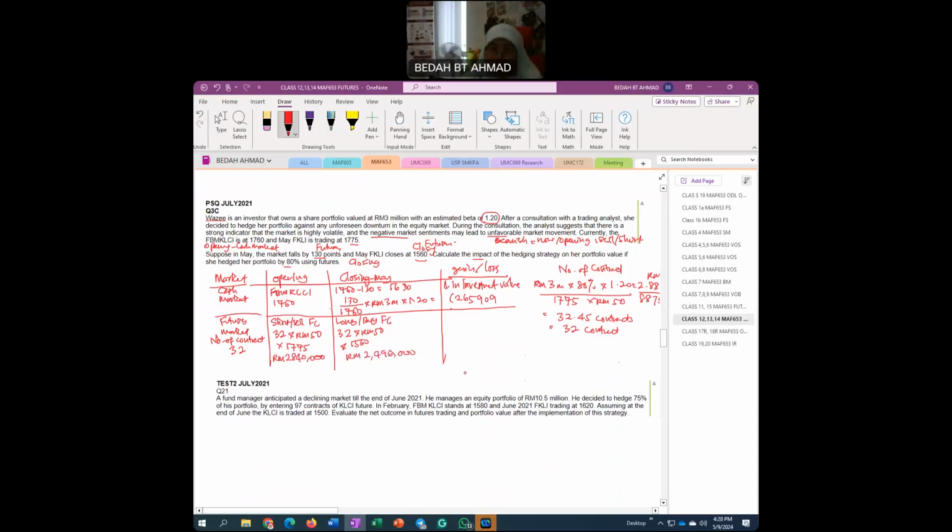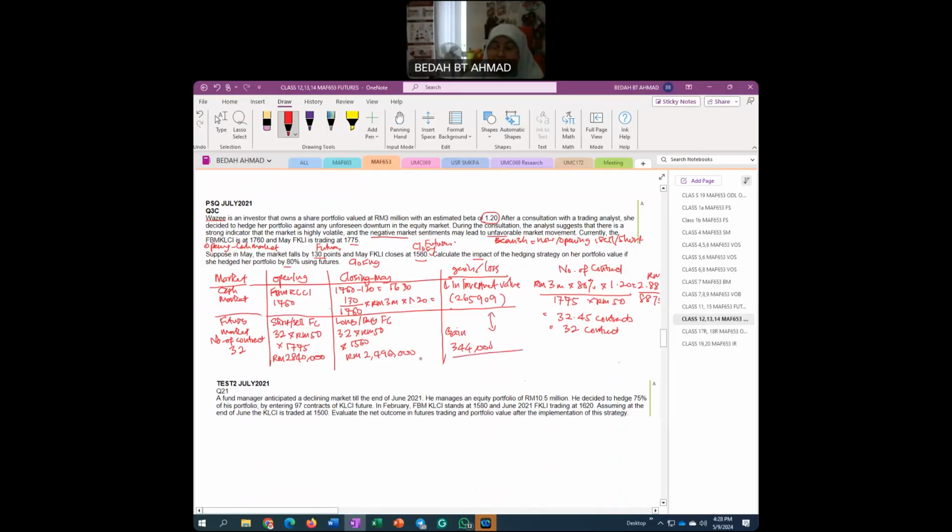So the difference is a gain, because you sell high and buy low. So it's a gain in the futures contract of 344,000.